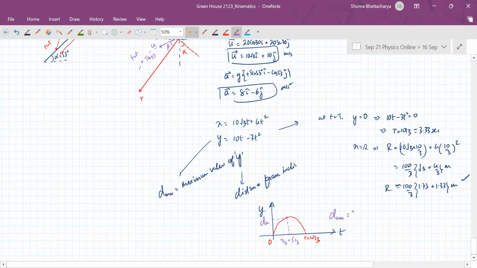So d maximum is the value of y at t equal to 5 by 3 seconds. So 10 into 5 by 3 minus 3 into 5 by 3 squared. So 50 by 3 minus 25 by 3. So this is the value of the maximum distance from the inclined plane.